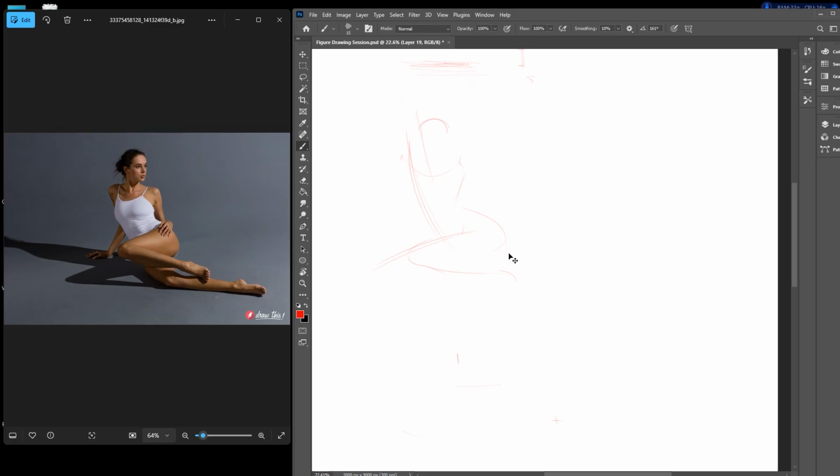However, since I have some experience, I can still put some detail marks on the figure, like this part of the leg. And it won't hurt too much. However, if you are just starting, I recommend that you stay away from the anatomical details and just focus on the straight lines and flowing lines, and that's it.